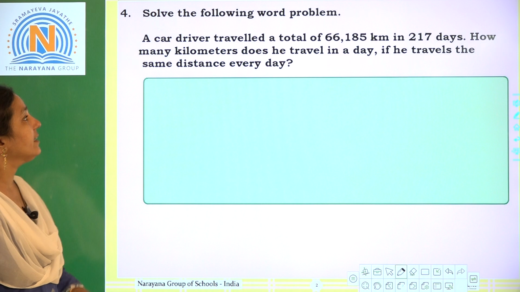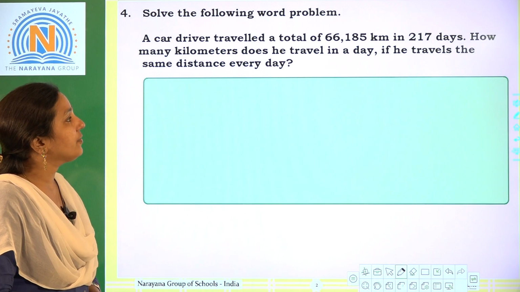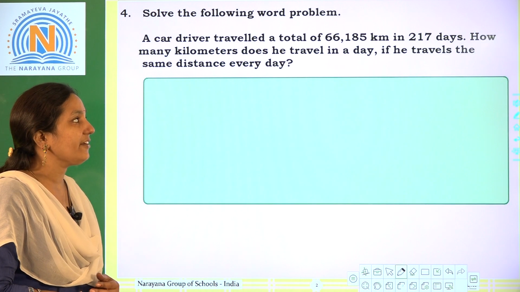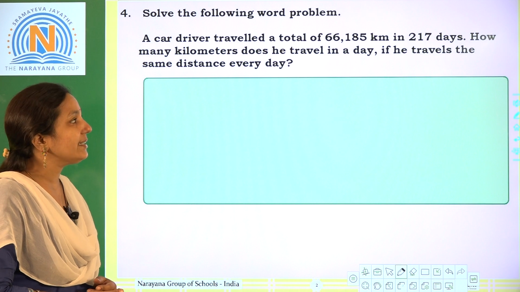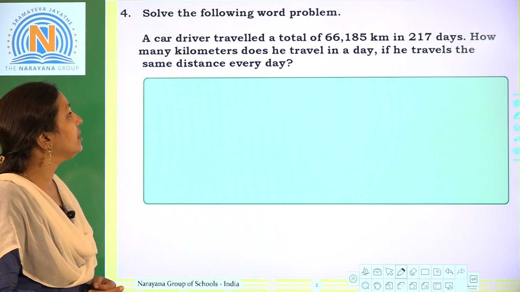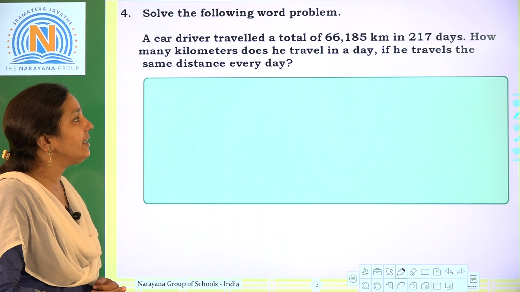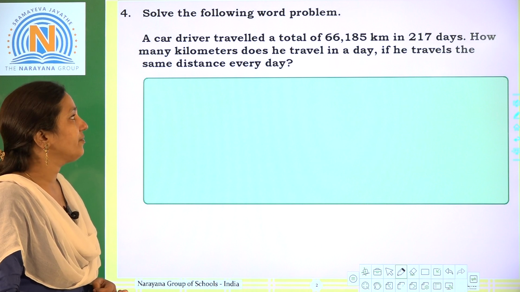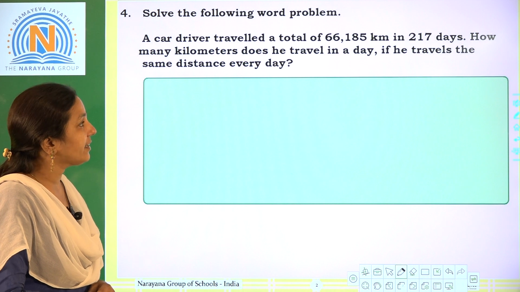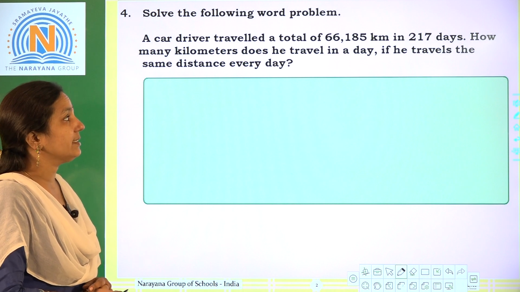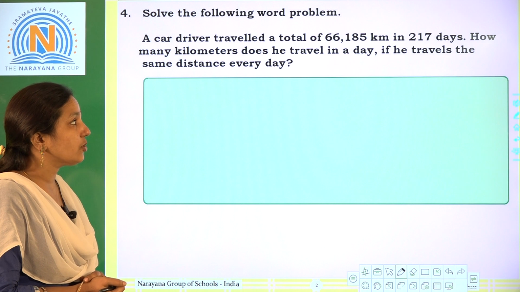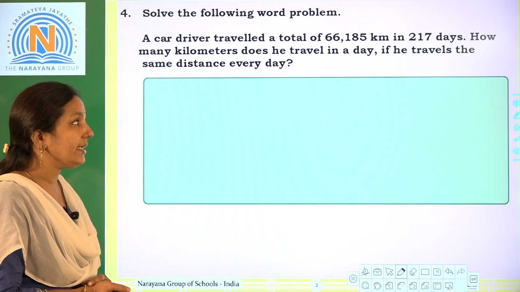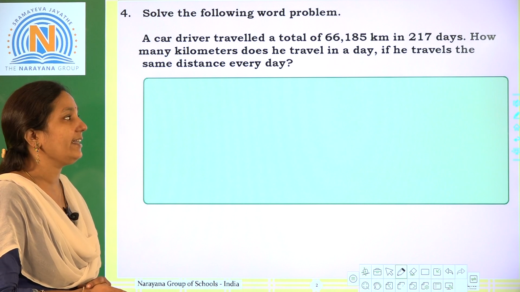A car driver travelled a total of 66,185 kilometers in 217 days. How many kilometers does he travel in a day if he travels the same distance every day? So a car driver travels a total distance of 66,185 kilometers in how many days? 217 days.